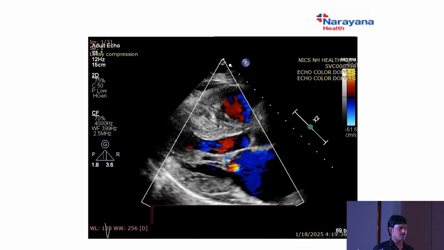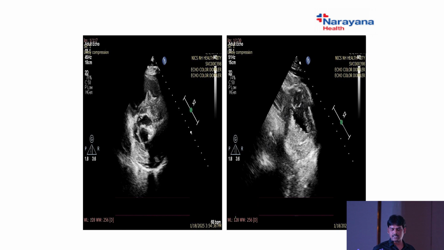Coming to the color flow parasternal long axis, it showed the same impression: at mid-level some turbulent flow and mild MR, and the aortic valve seems to be okay.